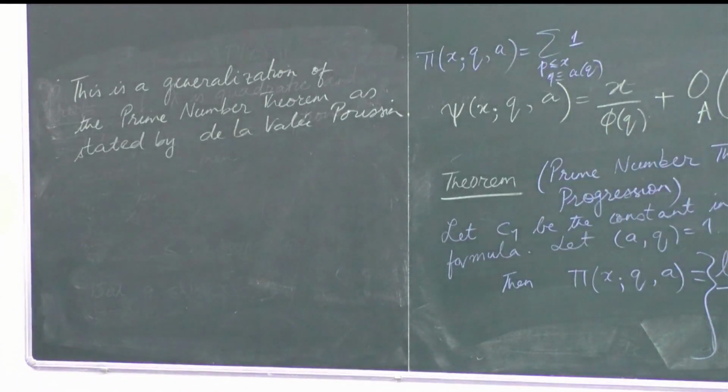Okay, Hadamard did not state it like that. He wrote it with an exponential. And then the second case does not come, right?